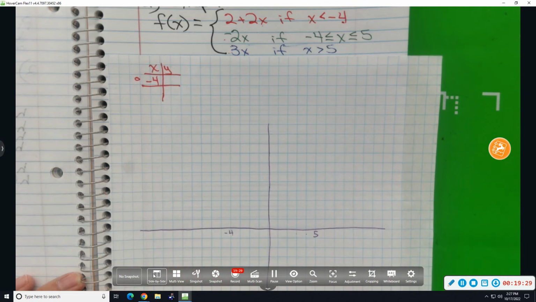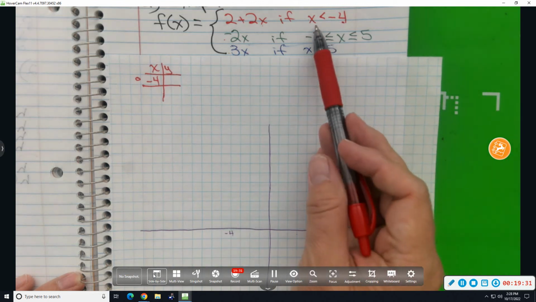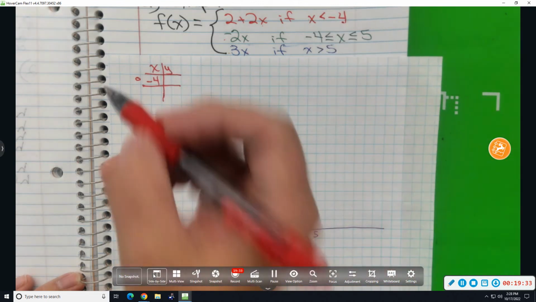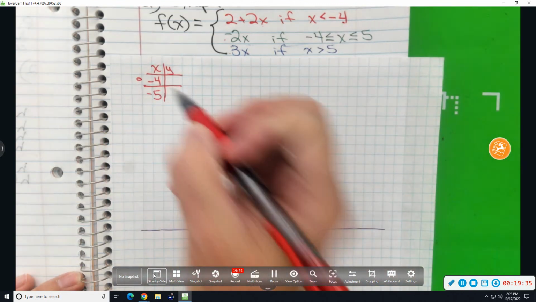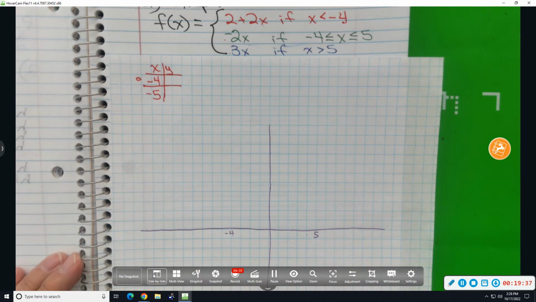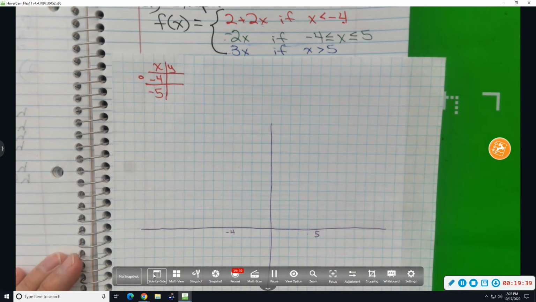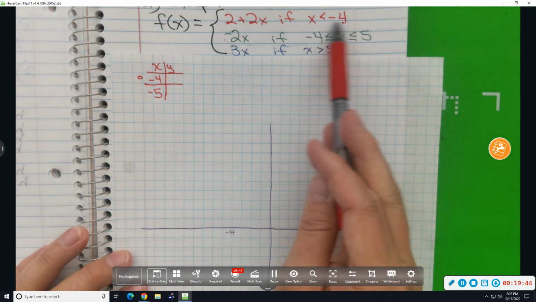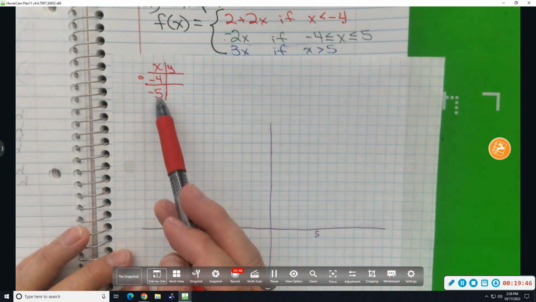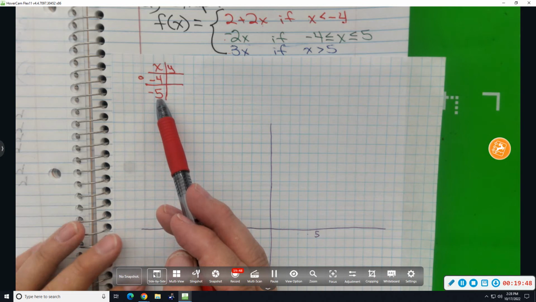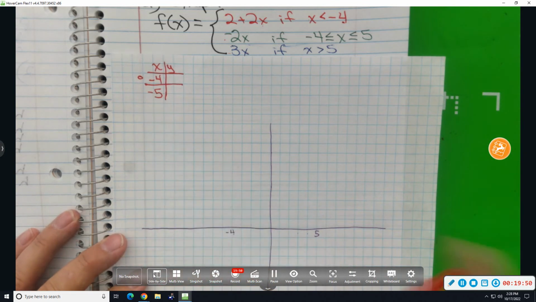How about -5? Choose an x value that's smaller than -4, so we'll use -5. Realize the x values that you choose on your own must satisfy the inequality. So those secondary numbers that you choose yourself must be regular closed dots.